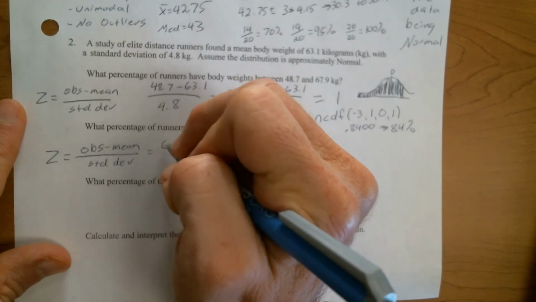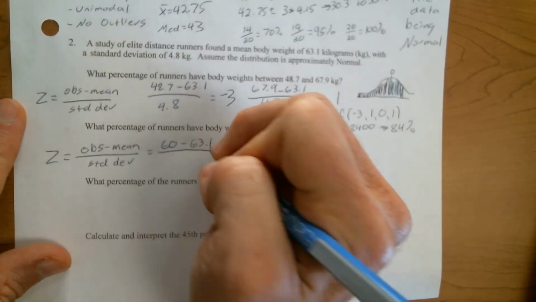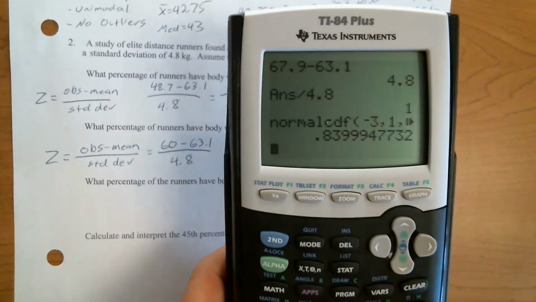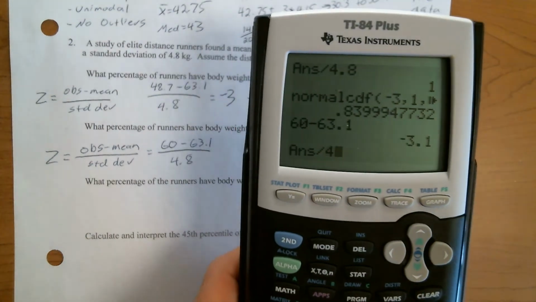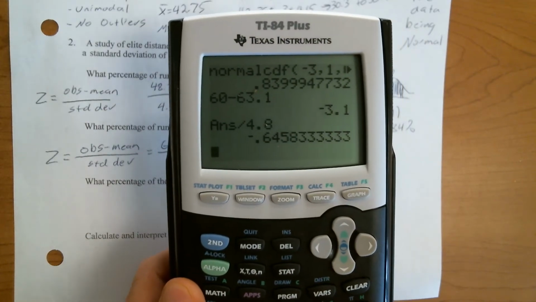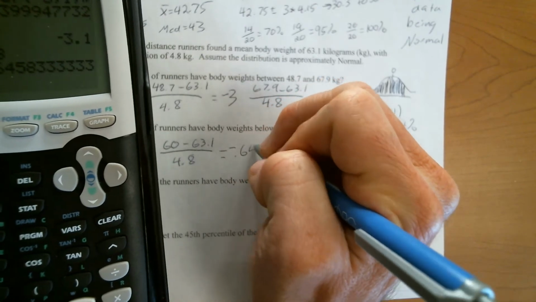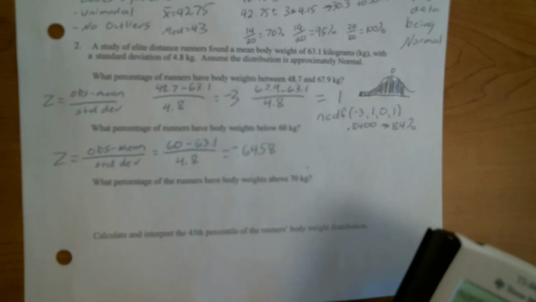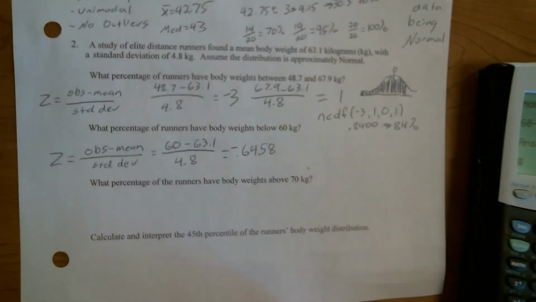All right, so we've got 60 minus 63.1 divided by 4.8, negative 0.6458, right? If you also just use negative like 0.65 here, it's fine by me. I wouldn't really round it any more than that, but if you wanted to just go to the 100th, I would be fine there.